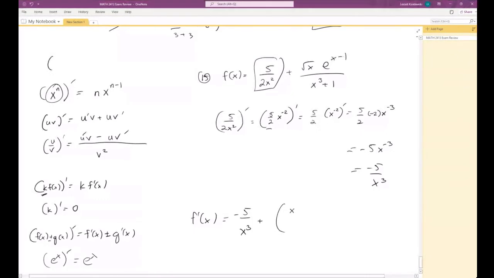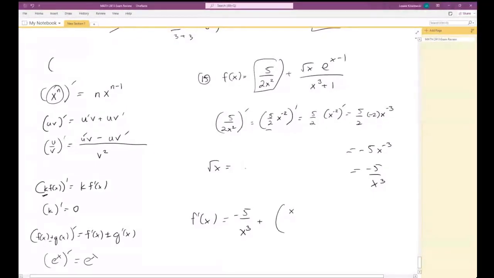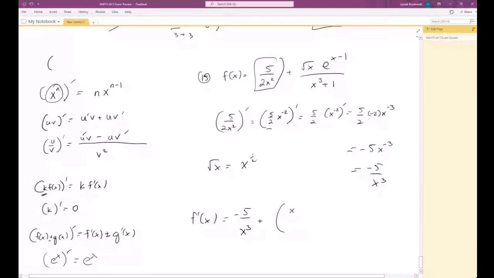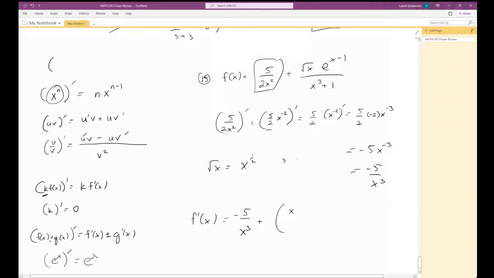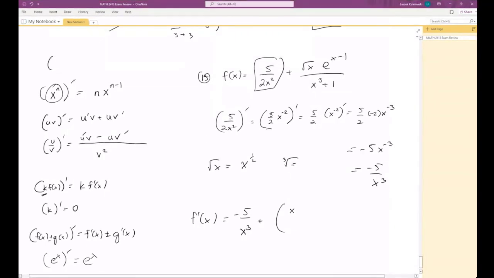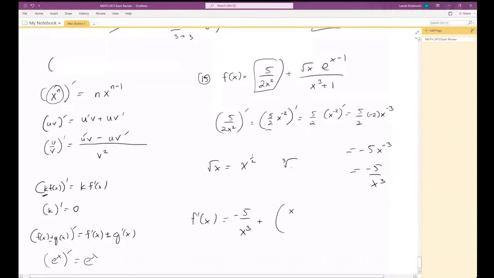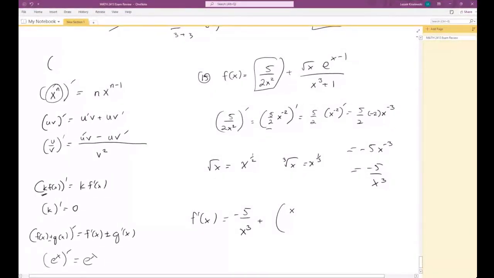If you have square roots, how are we going to think about them? They're fractional powers. The cube root would be a power of 1/3, the fourth root a power of 1/4, and in general, the nth root.